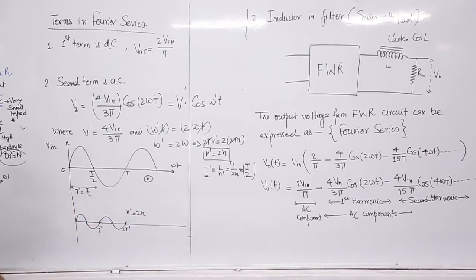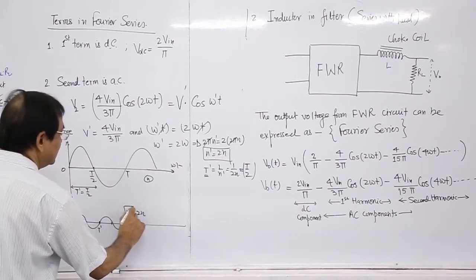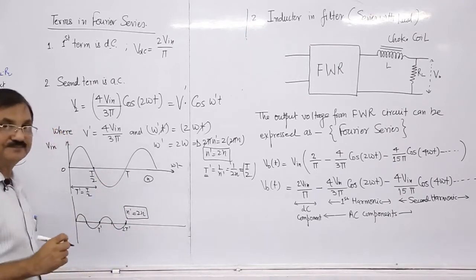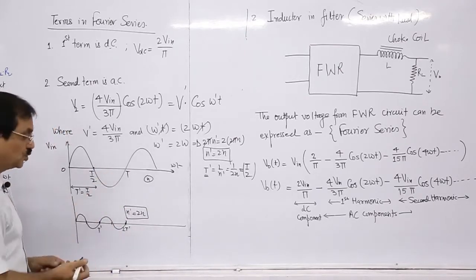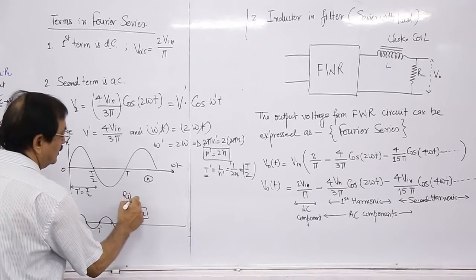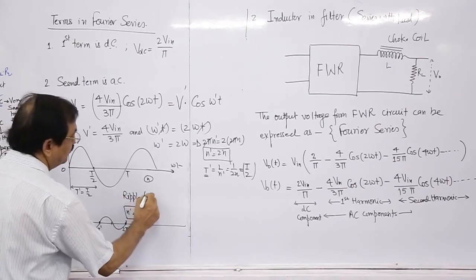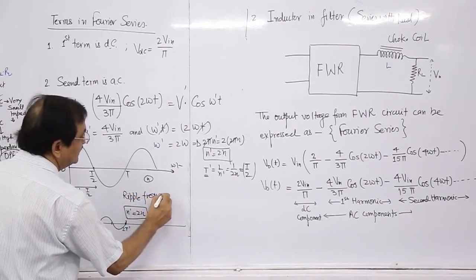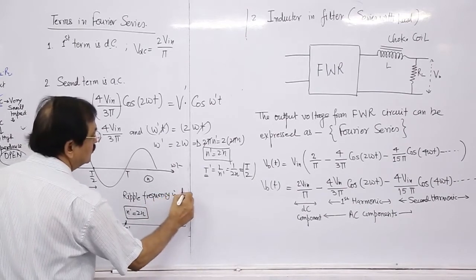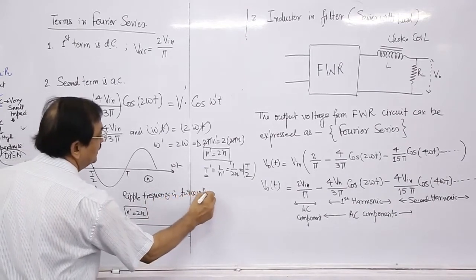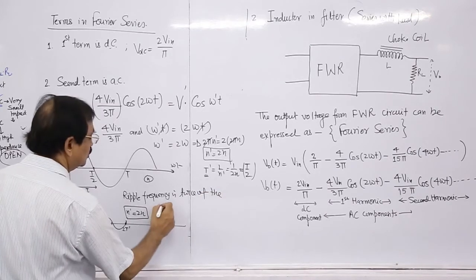The ripple frequency is twice the source frequency.